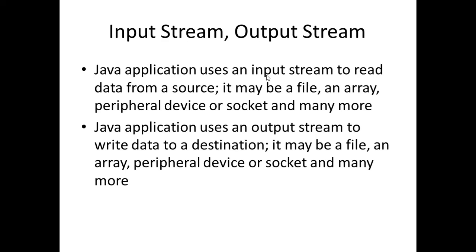It may be a file, it may be an array, it may be a peripheral device, or it could be a socket, or it can be anything else. You will find that the class names are quite logical. You will come to know which is the source or which is the destination which is incorporated in a particular subclass when you look at the class hierarchy.